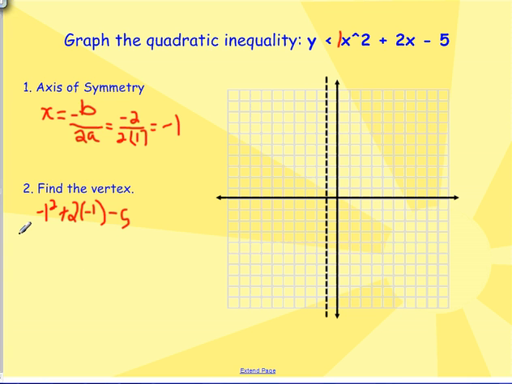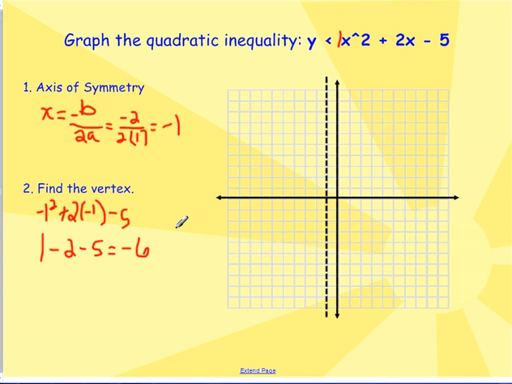Negative 1 squared is 1, plus 2 times negative 1, which is negative 2, and then minus 5. So 1 minus 2 minus 5 is going to equal negative 6.